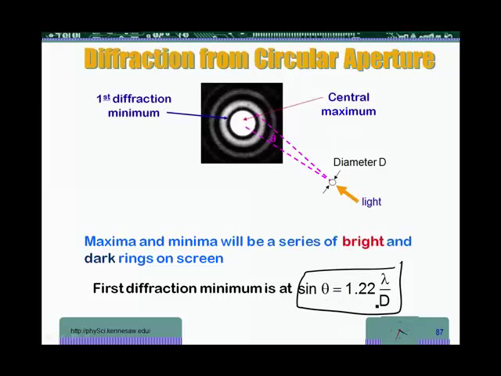So actually, if d is the diameter of the aperture, it's going to be d sine theta equals, instead of 1 lambda, 1.22 lambda. There is that factor 1.22, that's due to the geometry. So that's the position of the first minimum. And then you have the other minima as you go on.